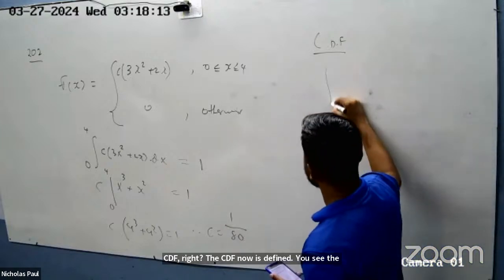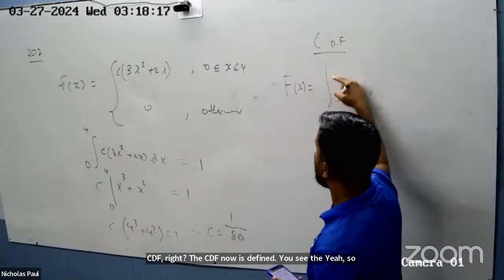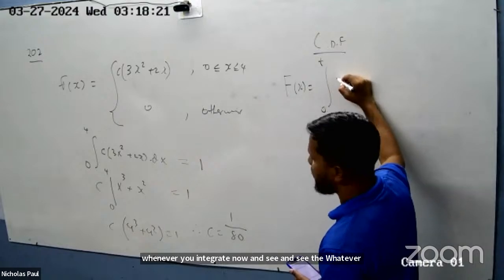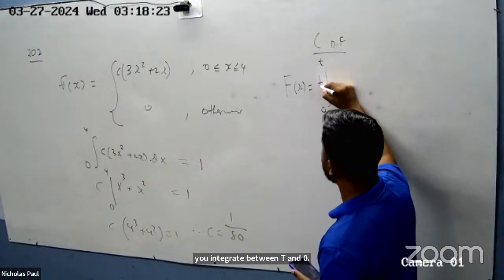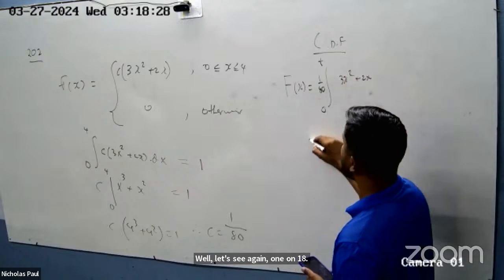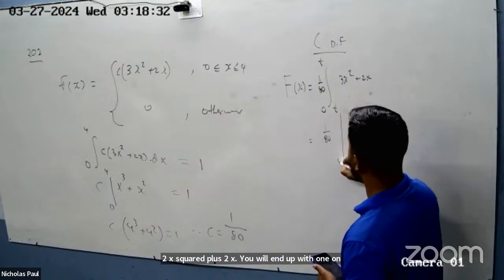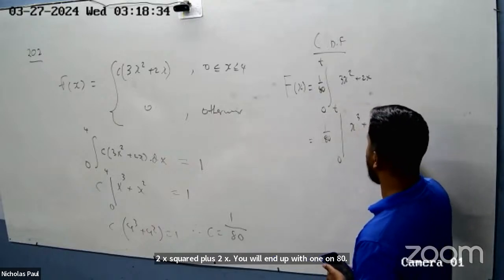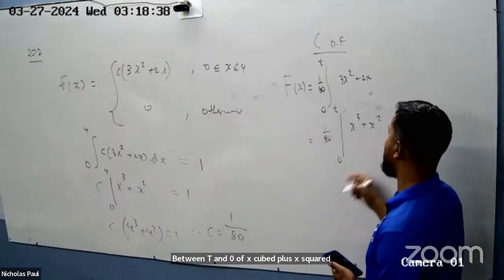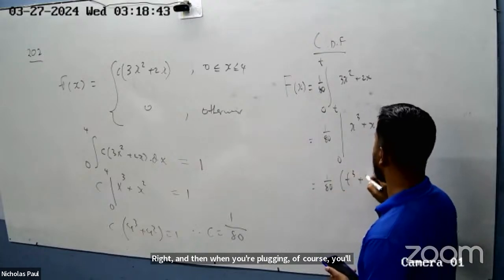CDF is capital F, so whenever you integrate between 0 and T, with C again 1 on 80, of 3x squared plus 2x, you will end up with 1 on 80 times x cubed plus x squared between 0 and T. Then when you plug in T, of course, you'll get 1 on 80 times (T cubed plus T squared).